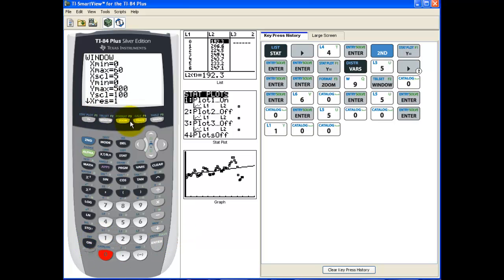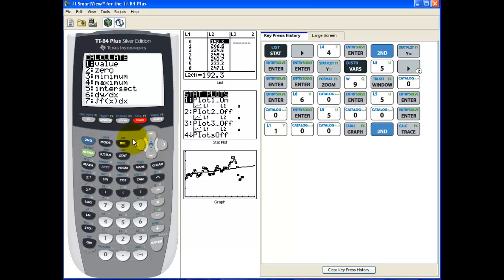Don't ever change XRES or anything below that. Just make sure you stop at Y scale. So now if I graph that, here is my scatter plot again, and there's my regression equation. So again, we're trying to find out what the model says the gas price would be in August of 2009. So to do that, we'll go to second trace, and we want to input a value.